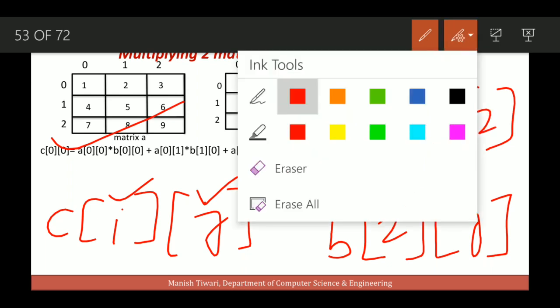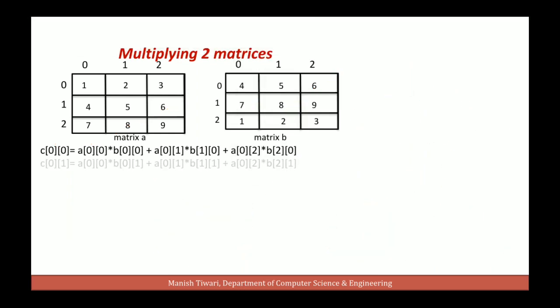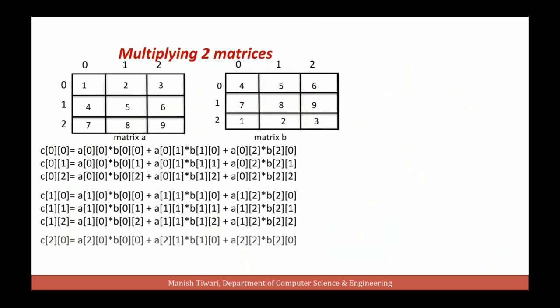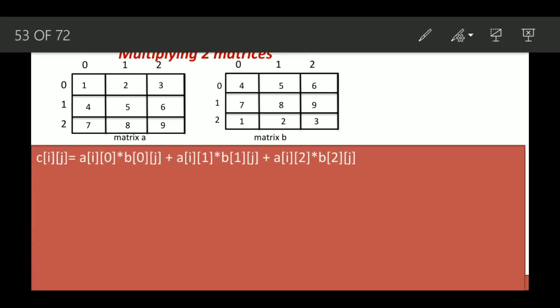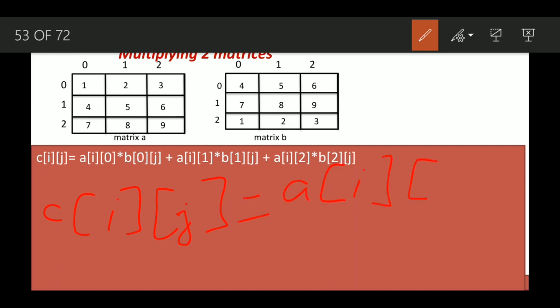So what will be the general formula? These are all the values individually, and the general formula will look like this. To calculate Cij, basically we have to multiply the elements of ith row with the elements of jth column of matrix B. And first this value will be 0, then 1, and then 2.